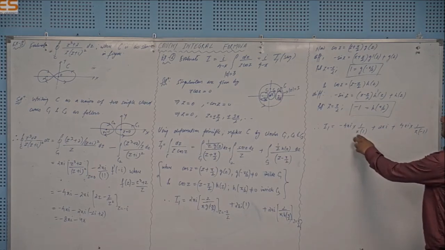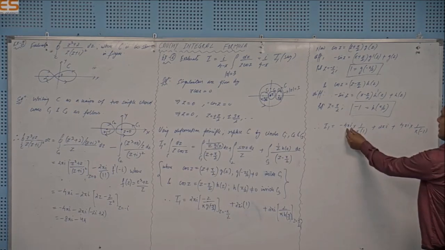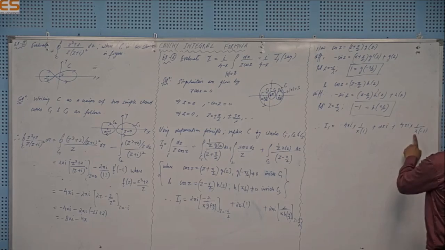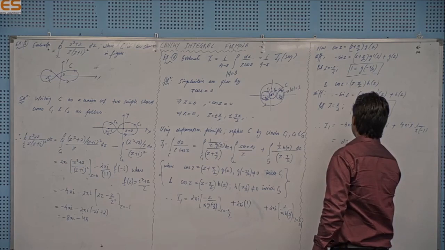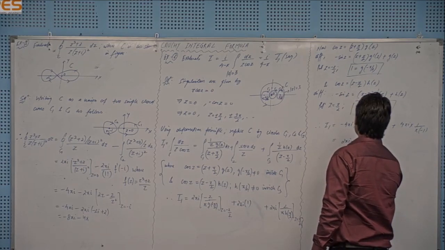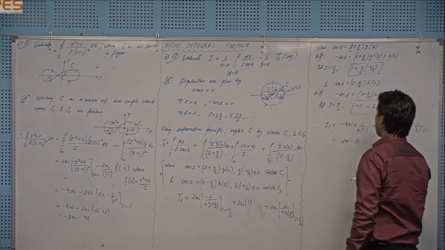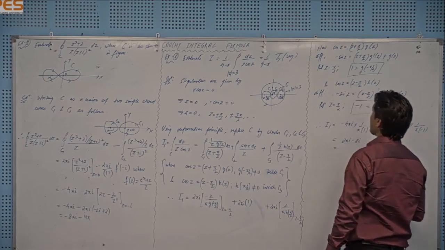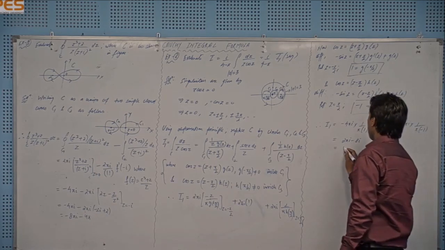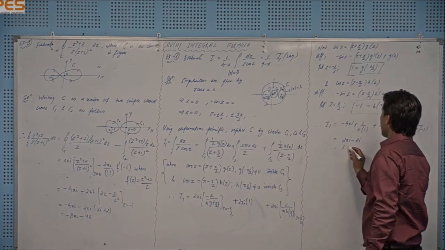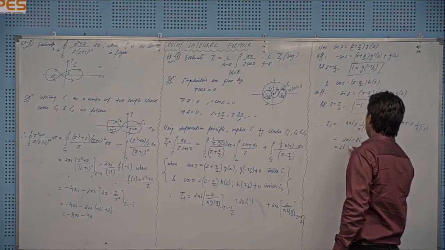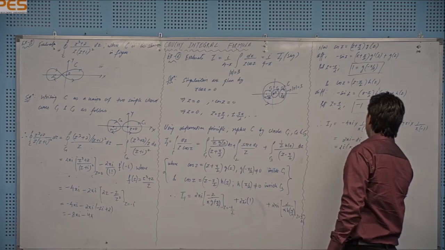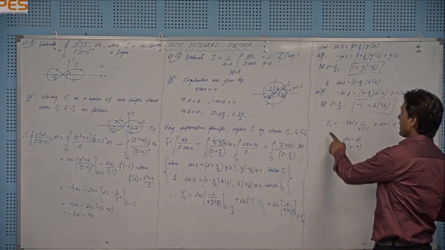Ultimately pi will be cancelled, this will be minus 4 eta, and this will be minus 4 eta, and those will add, that will give you 2 pi eta minus 8 eta, right? And eta can be taken common, as well as 2 can be taken common, right? 2 eta, and inside the bracket we will have pi minus 4, right? And this is my I1.